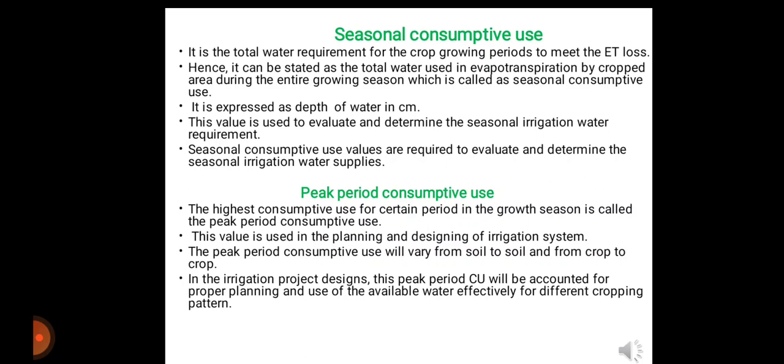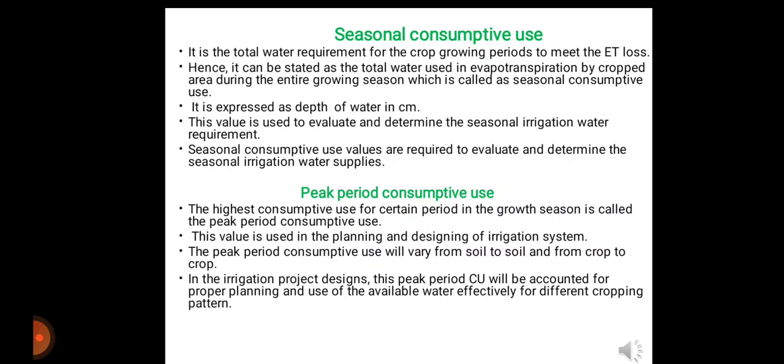It is expressed as depth of water in centimeters. This value is used to evaluate and determine the seasonal irrigation water requirement. Seasonal consumptive use values are required to evaluate and determine the seasonal irrigation water supplies.